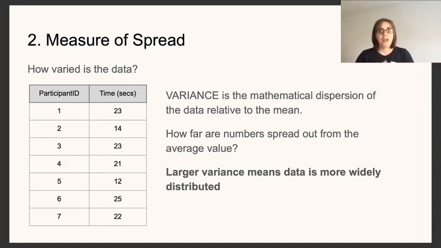If I calculate my variance, which we're not worried about how, there is a formula you can look up, and the number that comes back is larger, then it means my data is more widely distributed. So if I have two sets of data, I can see which one is less spread out than the other.